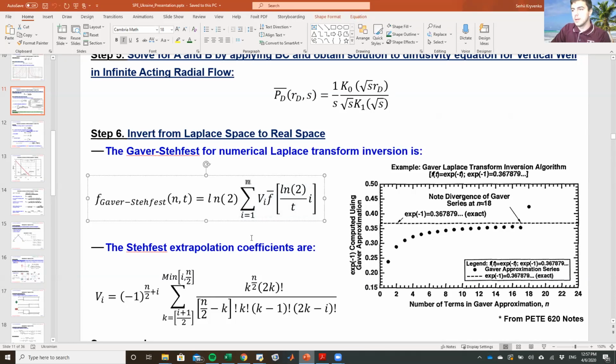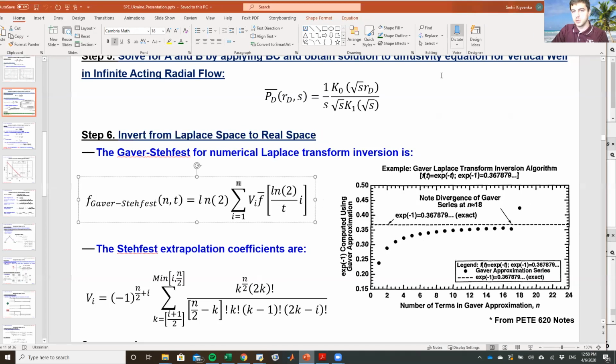We have to optimize for our number of terms in the Gaver approximation. In our particular code, I have it as 12, and I'm quite sure it's working fine, as it's a good number for this specific problem.